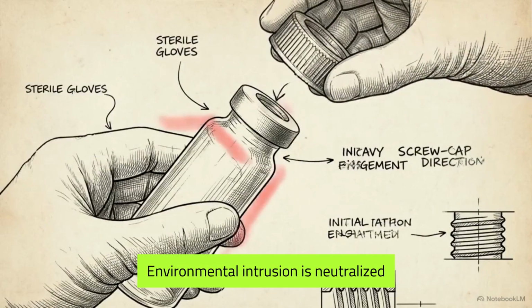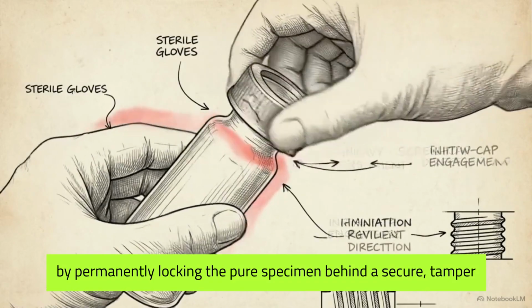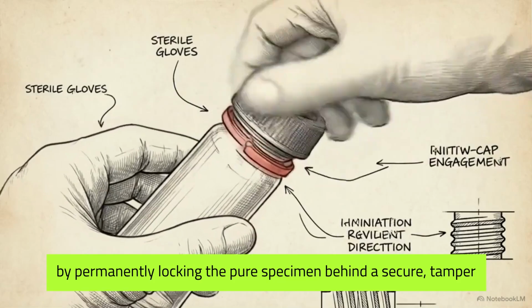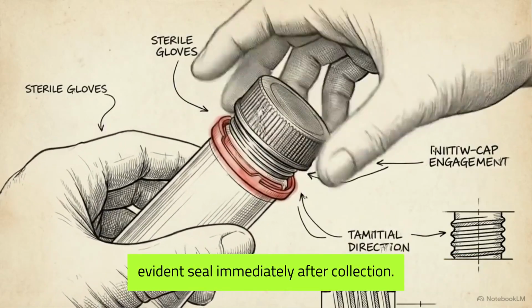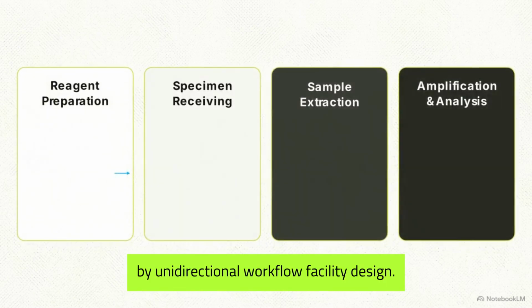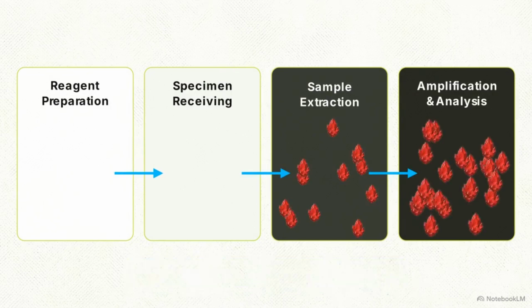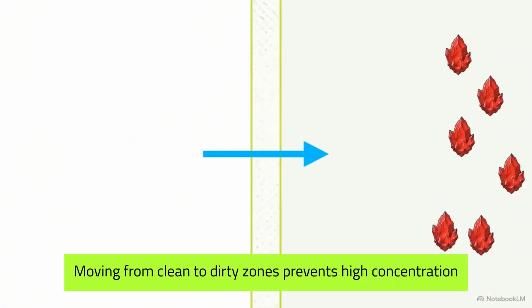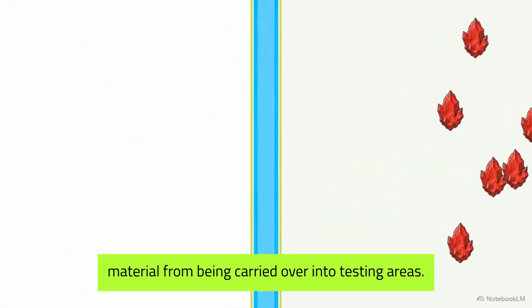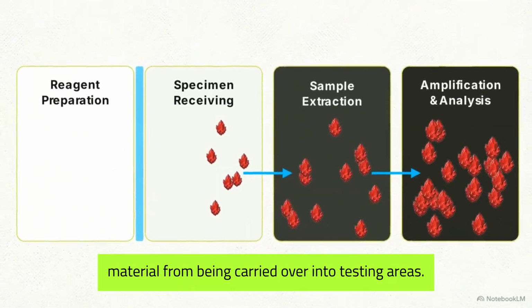Environmental intrusion is neutralized by permanently locking the pure specimen behind a secure, tamper-evident seal immediately after collection. These physical barriers are supported by unidirectional workflow facility design. Moving from clean to dirty zones prevents high-concentration material from being carried over into testing areas.